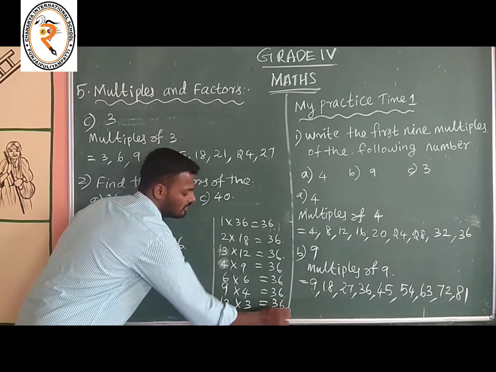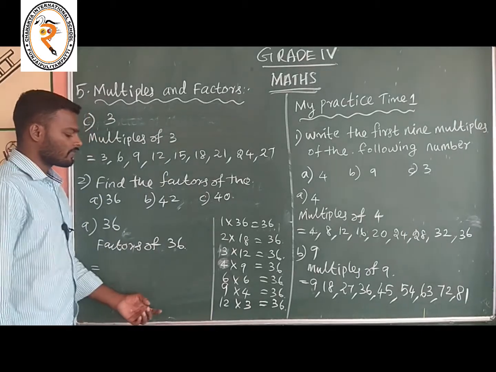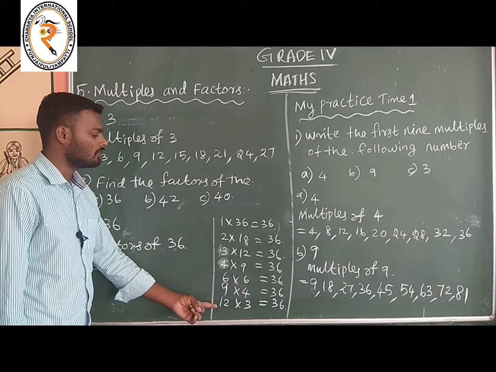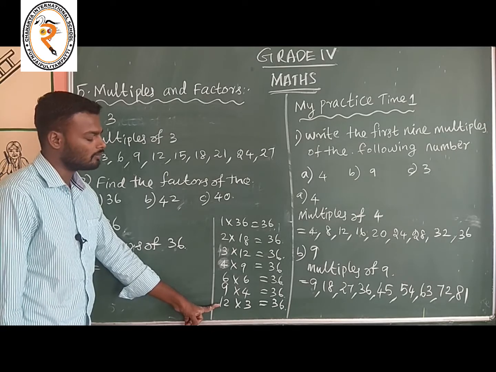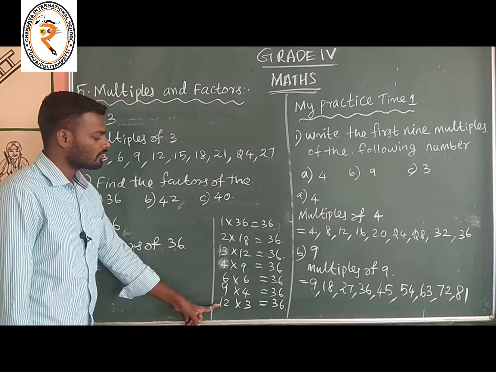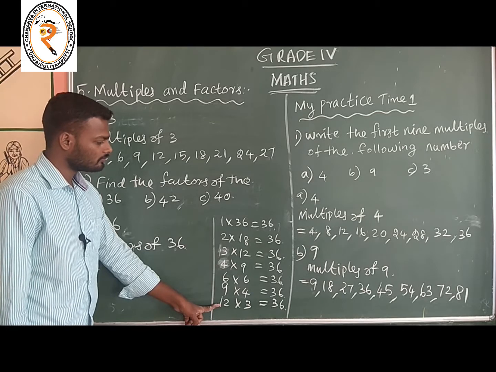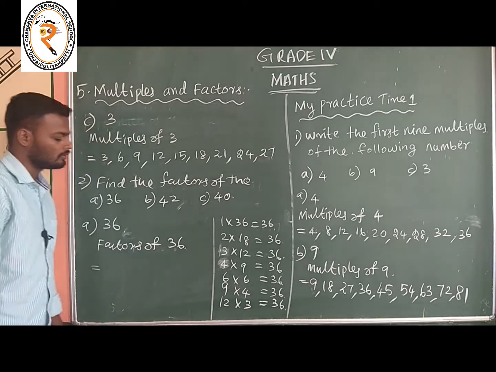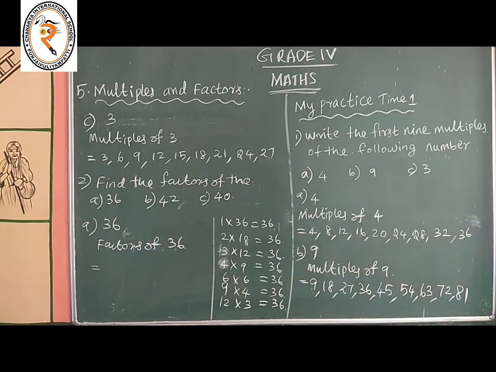And the 13th table, 13 1s are 13, 2 13s are 26. The 13th table does not come, and the 14th table and 15th table, 16th table, 17th table, etc. up to the 18th table.